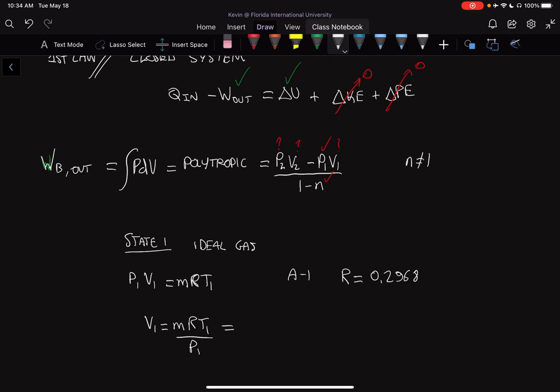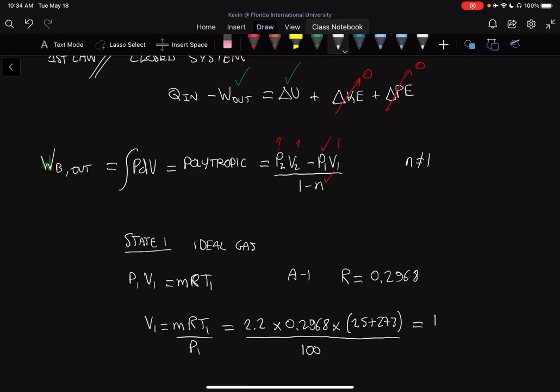Mass is 2.2 multiplied by 0.2968 multiplied by 25 plus 273. Remember, you have to convert to Kelvin. Very important. And divided by pressure 1, which is 100 kilopascals.